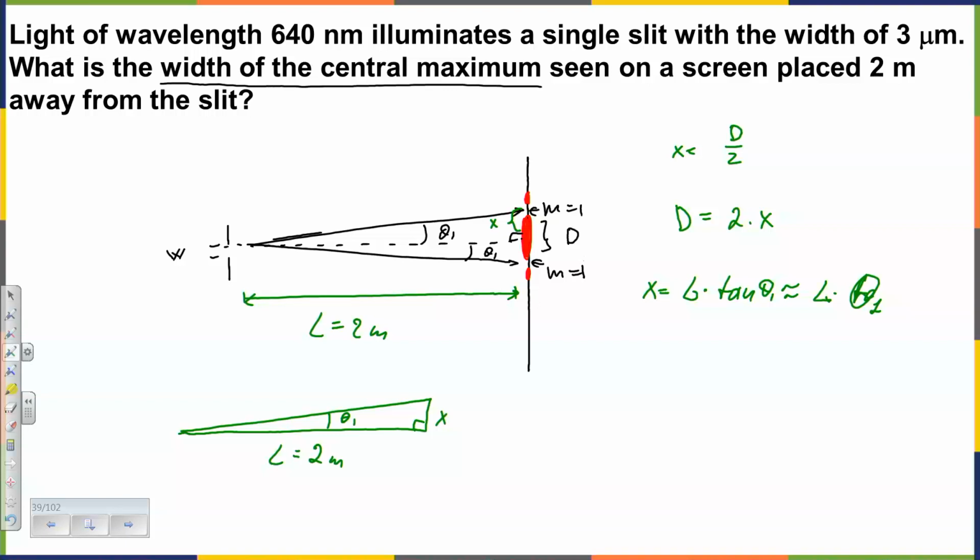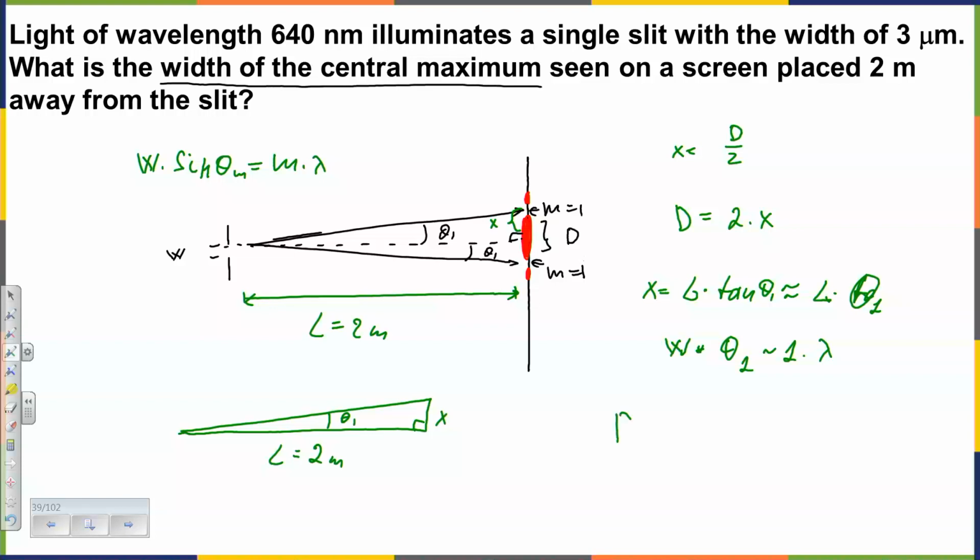So how do we get the angle? Well, we can write an expression for the mth minimum and use it here. For the first minimum, again I used an approximation. Sine of that angle will be equal to the angle if it's measured in radians.